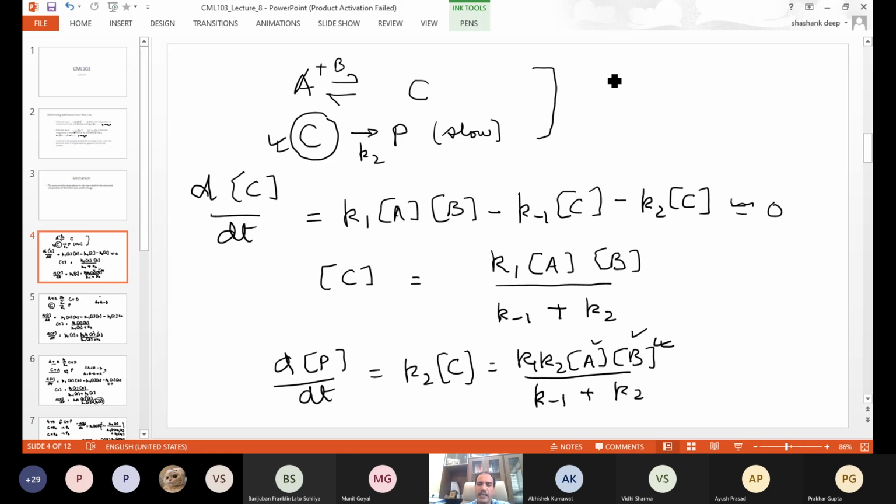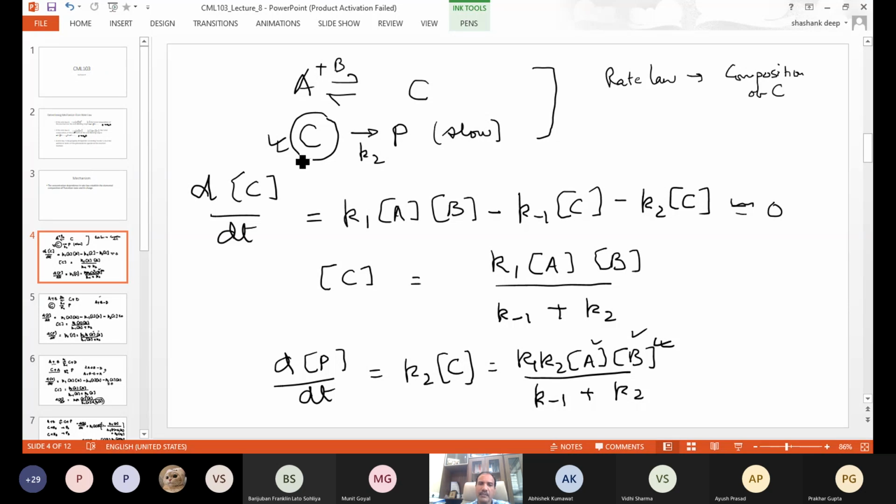So suppose you get the rate law, then the rate law should give the composition of C.